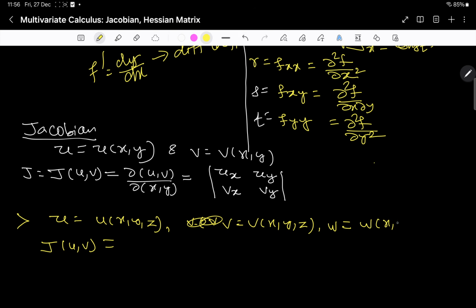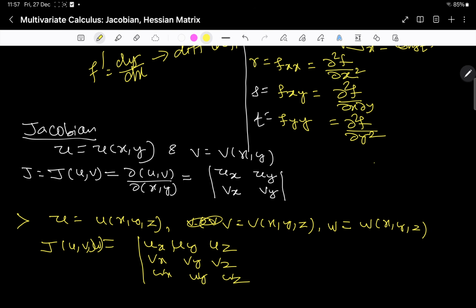Okay, w is a function of x, y and z, and your Jacobian J of u, v, w will be the determinant of u x, u y, u z, v x, v y, v z, w x, w y, and w z, okay, and we denote it del u v w by del x y z, right?